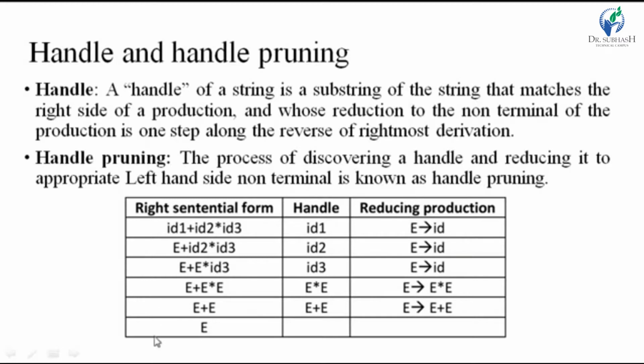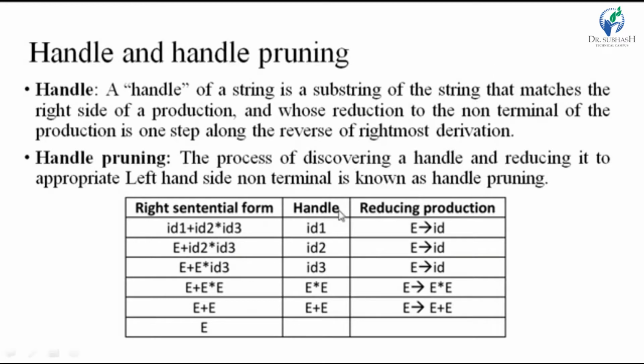So in this example, write the sentential form id1 plus id2 into id3. In this string, the first handle is id1. Your grammar will be E gives E plus E, E gives E star E, or E gives id.